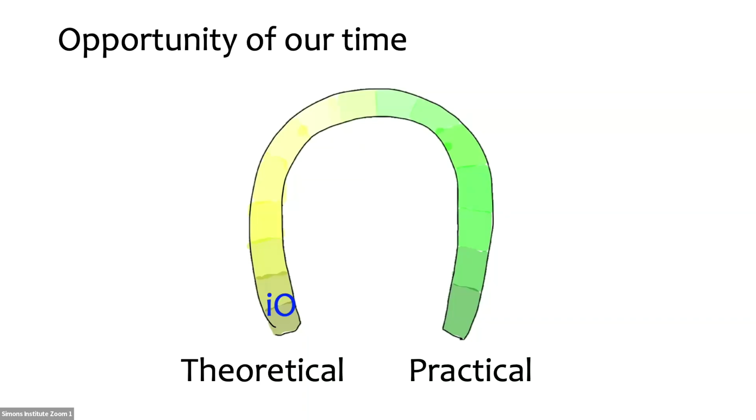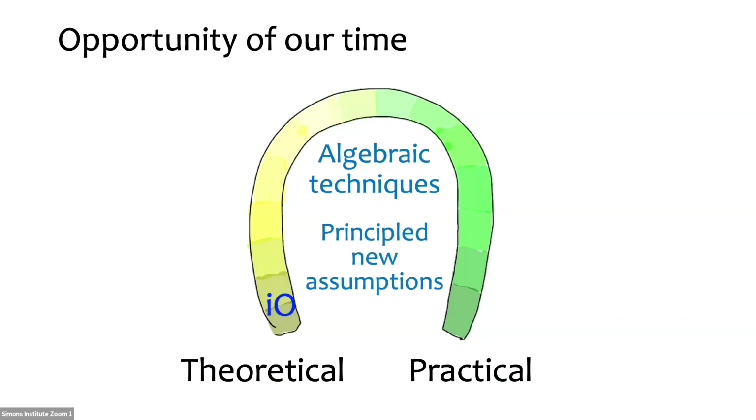And lastly, I would like to say that today is different from the past. Over the years, with the rise of applied cryptography, the community has really bent the curve, and I believe what's theoretical and what's practical has become closer than ever. How close, I don't know, but closer than ever. In particular, the energy comes from a lot of new algebraic techniques and ways to work with principled new assumptions.